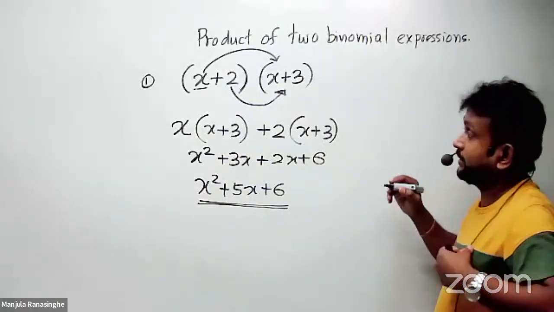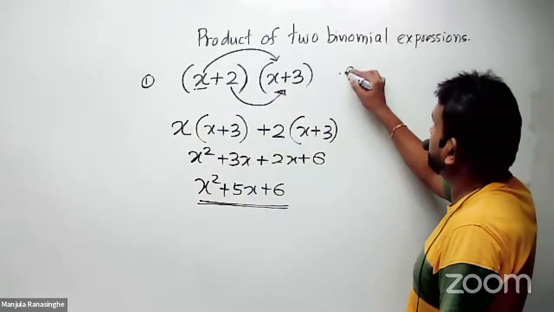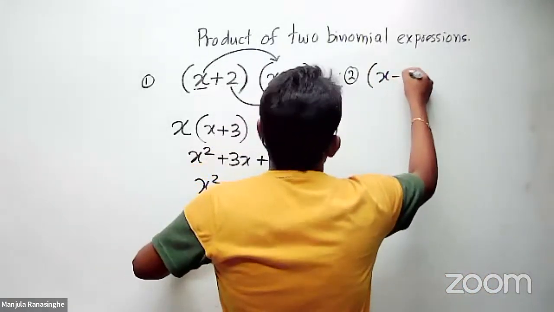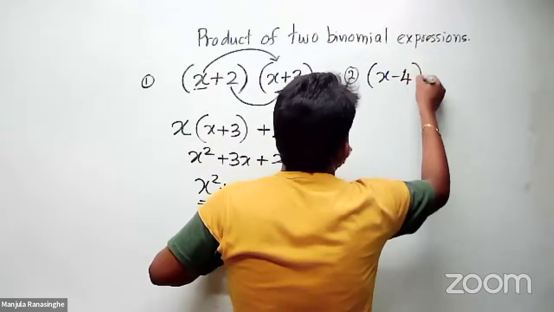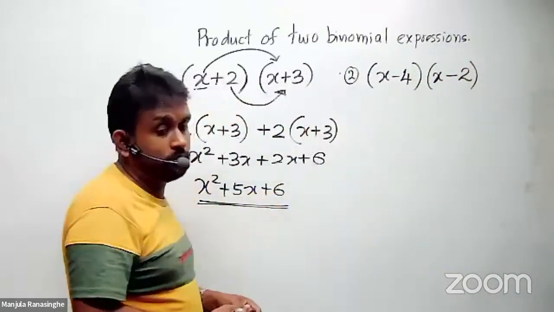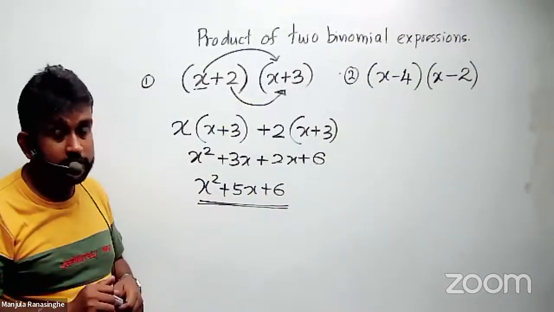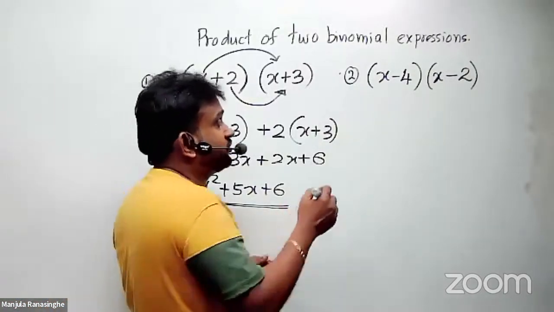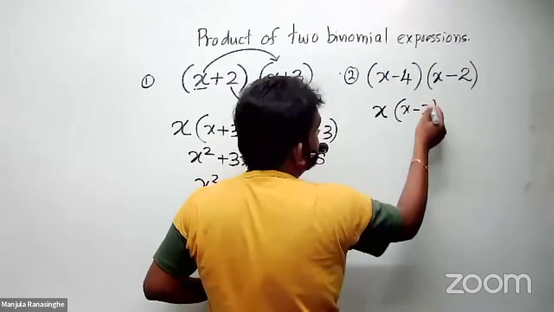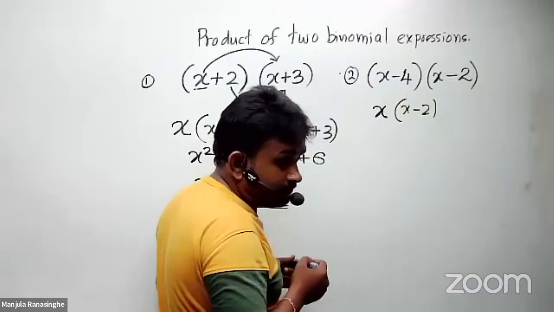Got it? Right. So now the second example: we have x minus 4 into x minus 2. Now see the expansion. I take the first term x and multiply with x minus 2, with the bracket you have to take.